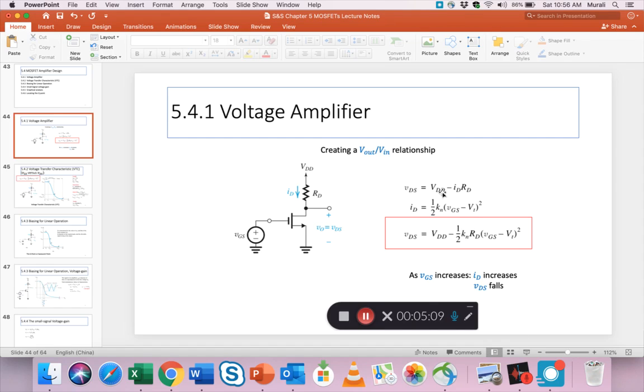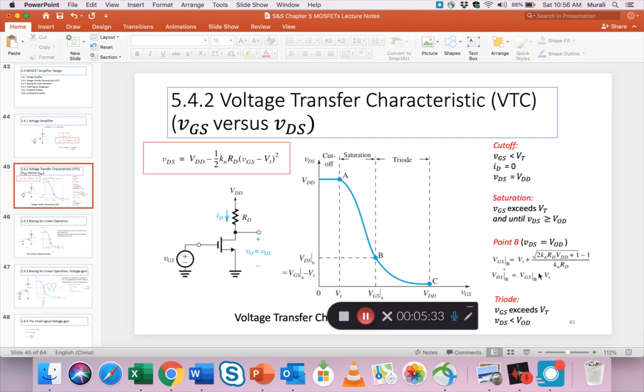But because we are interested more in VDS, not so much ID, VDS has the opposite relationship. As ID increases, VDS falls. Hence I say as VGS increases, ID increases, but VDS falls. So just remember this inverse relationship because we will see it again in the next slide.